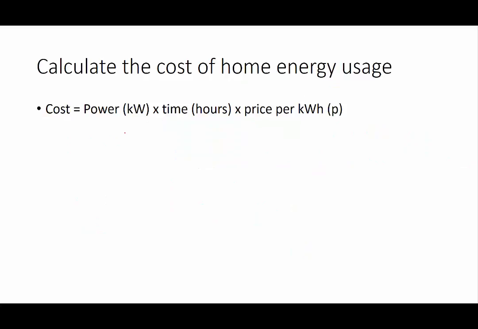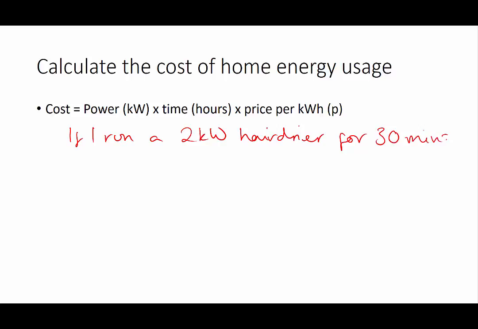We can also work out the cost of using individual appliances. If I was to take a hairdryer, a hairdryer might have a power consumption of 2 kilowatts, and I'd probably spend about half an hour drying my hair. So if I run a 2 kilowatt hairdryer for 30 minutes, and the cost of electricity is 14p per kilowatt hour, I can use this equation.